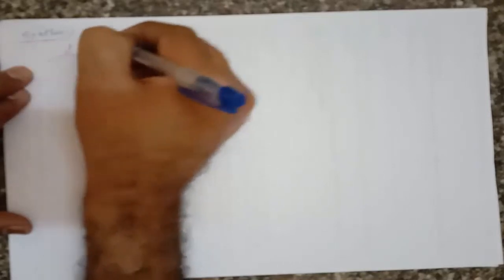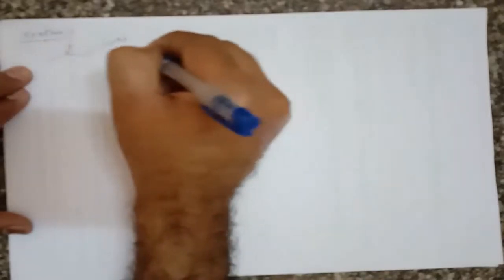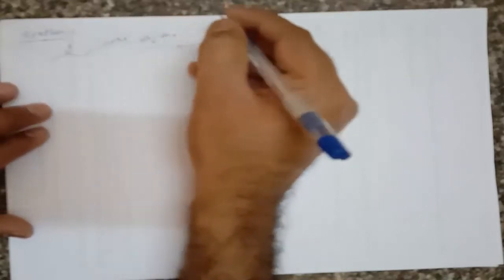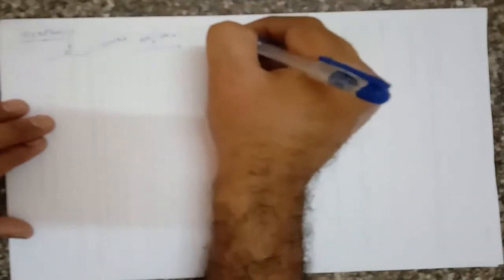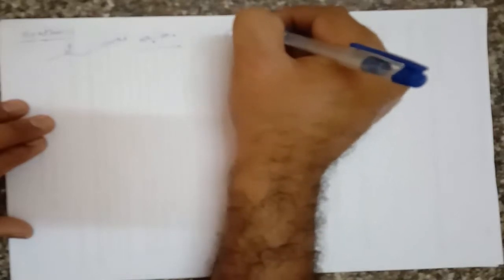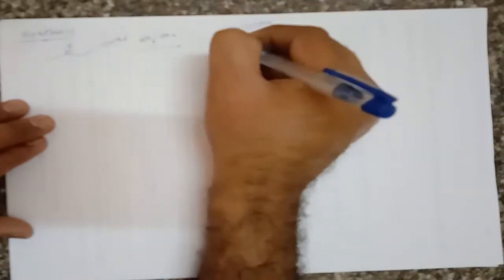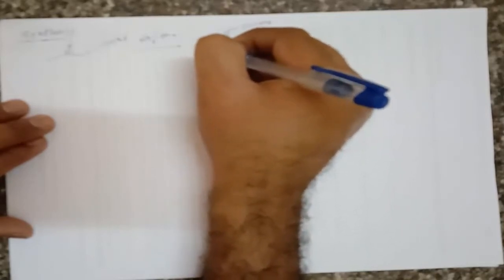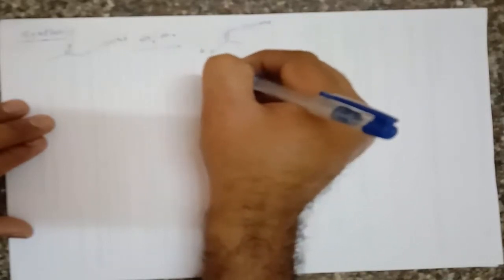Let us discuss the synthesis. In the synthesis, we have to take this ethyl acetoacetate, COOEt, and if we treat this molecule with methylamine, it gives formation of a molecule like this, that is COOMe, and here is a methyl group, and here is NH methyl, right?